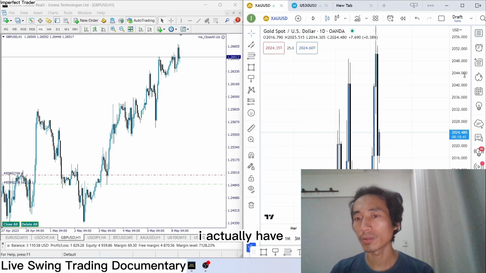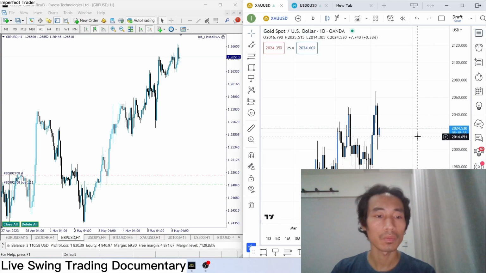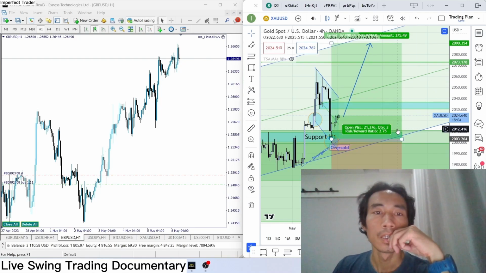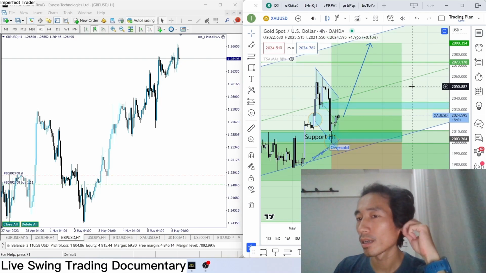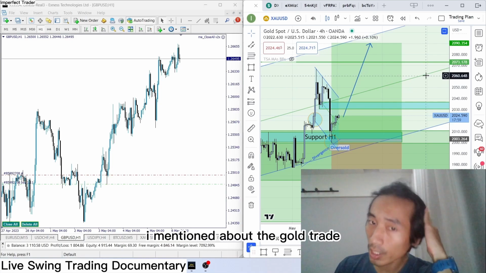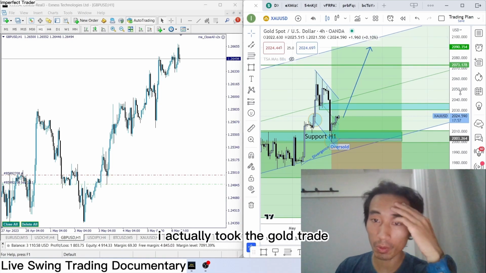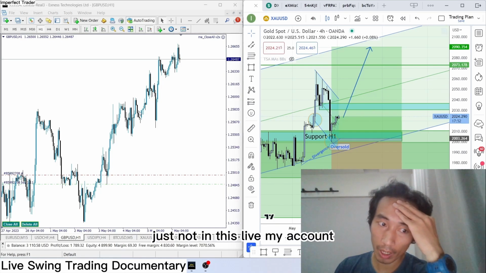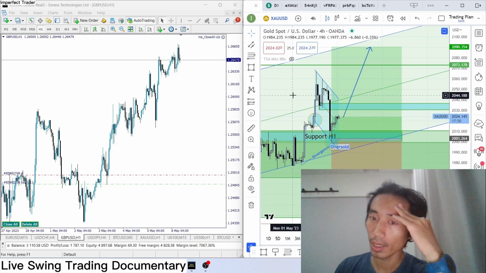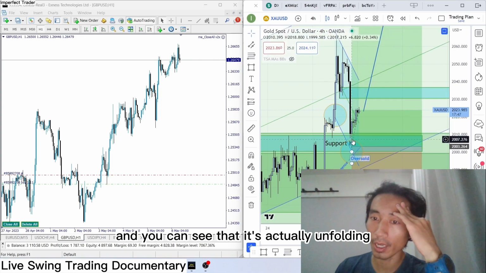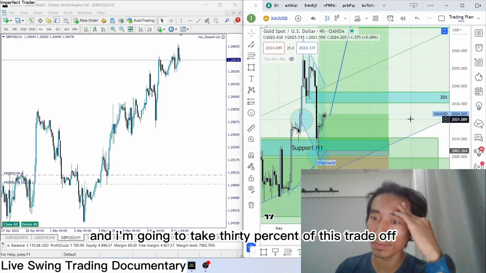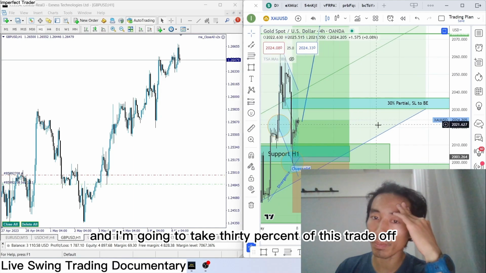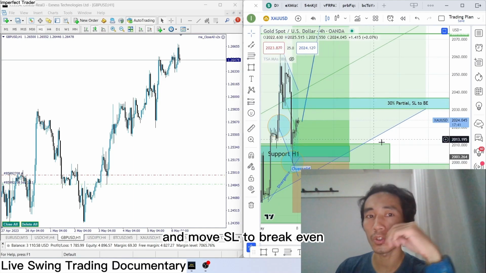I think I mentioned the gold trade. I actually took the gold trade in one of my accounts, just not in this live account. And you can see that it's actually unfolding beautifully as well. I'm going to take 30% of this trade off and move it somewhat to break even.